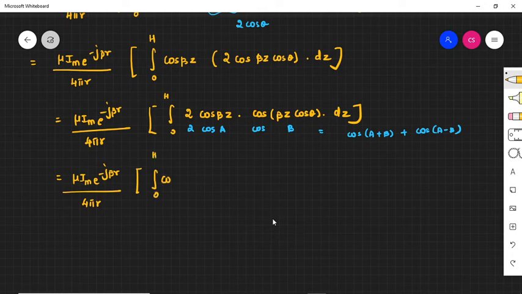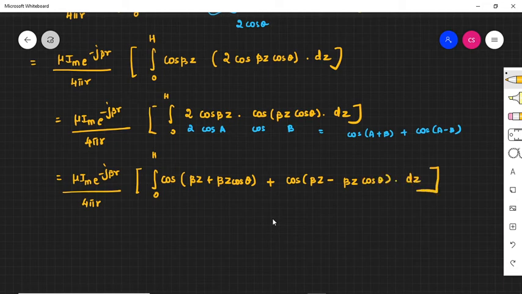Now the formula is cos of A plus B plus cos of A minus B into dz. Fine.